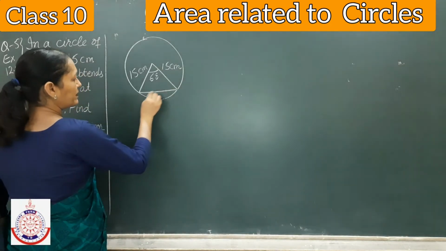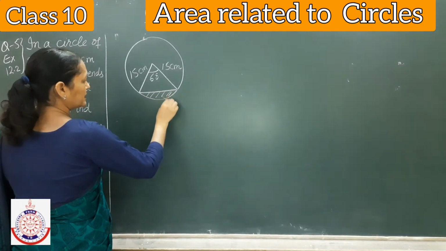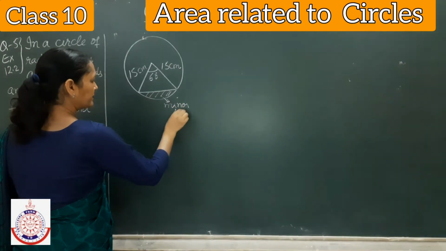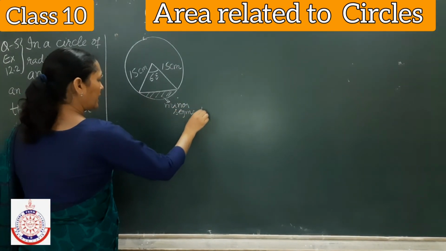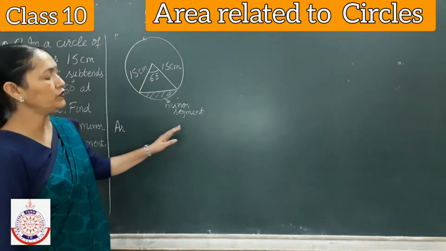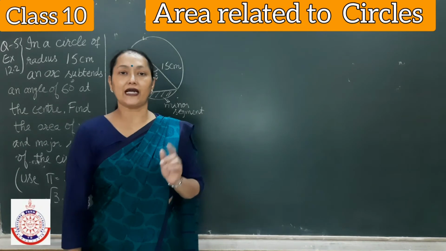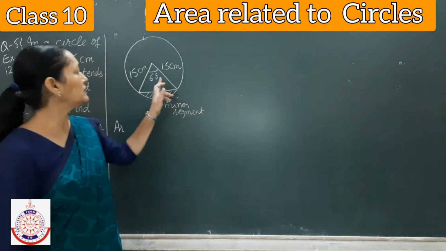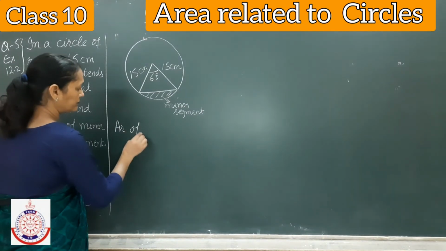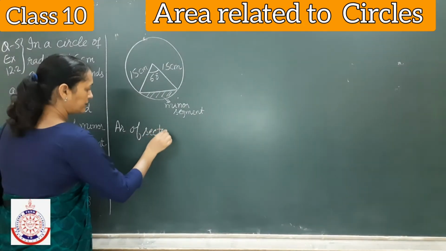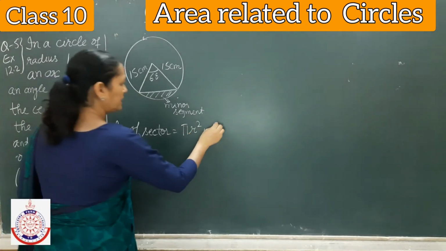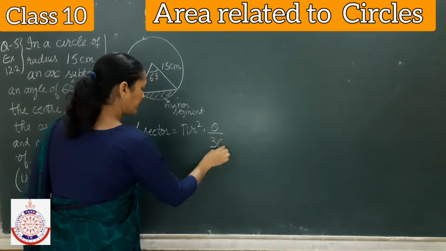So this portion will be minor segment, and area of minor segment I have told you, it will be area of sector minus area of triangle. So first of all, area of sector, pi r square theta upon 360.